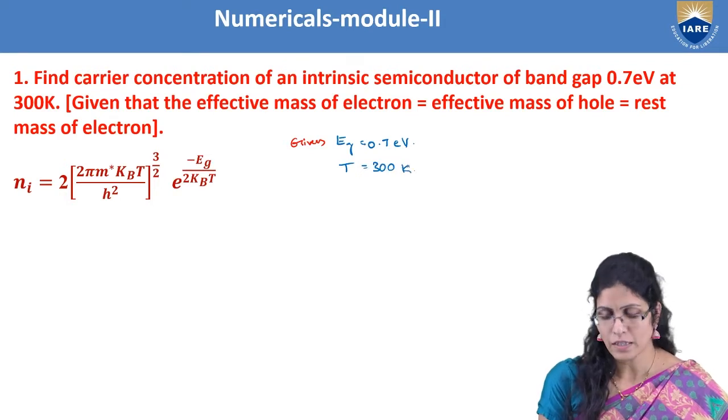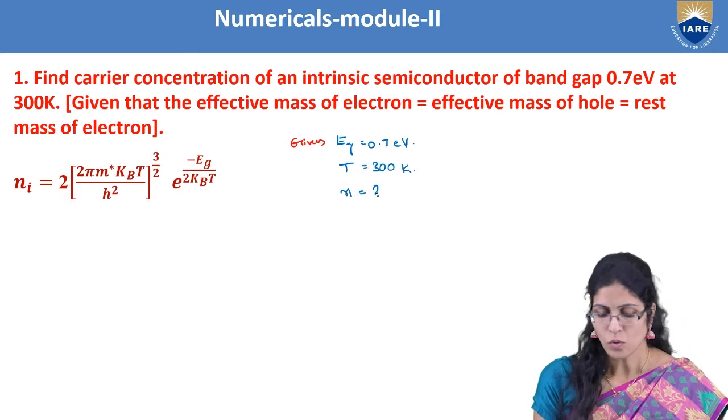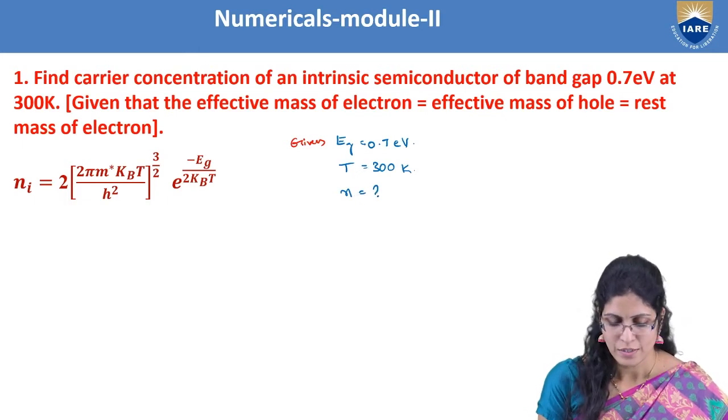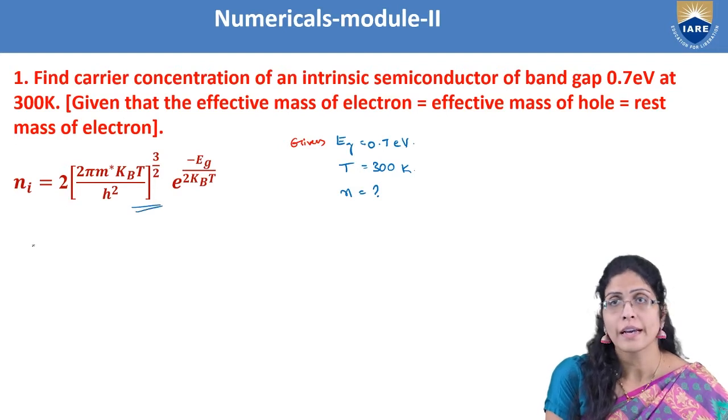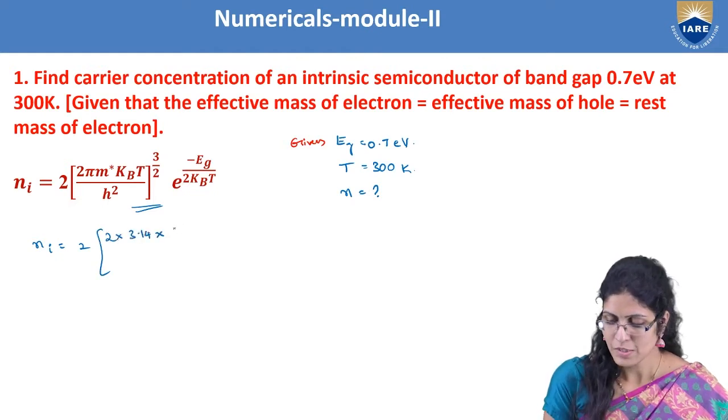So what you should find out? Carrier concentration. Okay, so what can you do here? So Ni, you know this formula. So just substitute here. Ni is equal to 2 into 22 by 7, which is 3.14, into m star. M star is what?